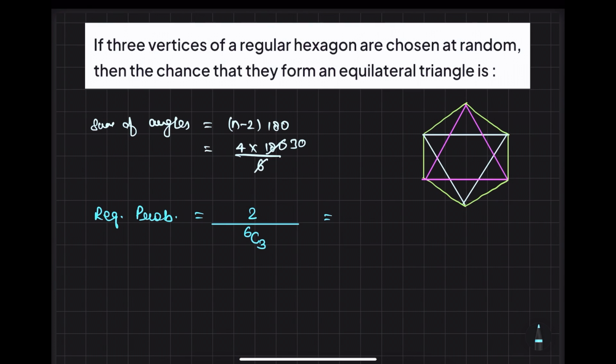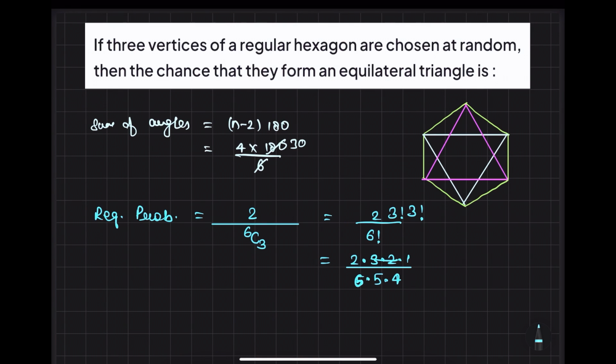You can go with the simplification part. So it is 2 upon 6 factorial over 3 factorial times 3 factorial. You can simplify things by writing 3 factorial as 3 into 2 into 1, and 6 factorial can be written as 6 into 5 into 4 into 3 factorial, and 3 factorial is gone.